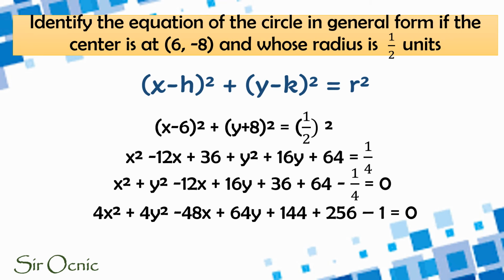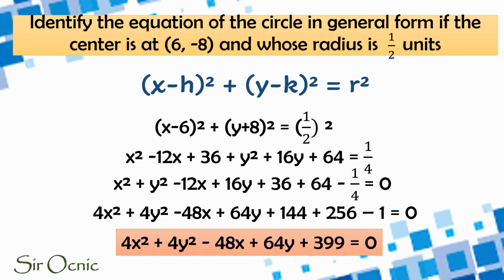Combining all the constant terms will lead us to the general form of the equation, and that is 4x² + 4y² - 48x + 64y + 399 = 0.